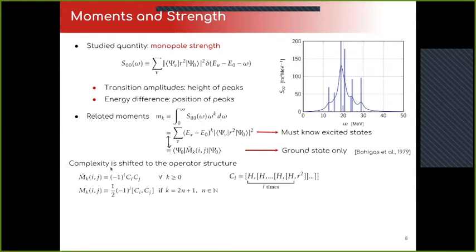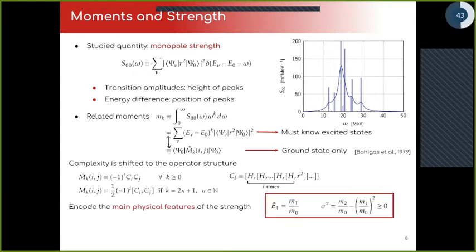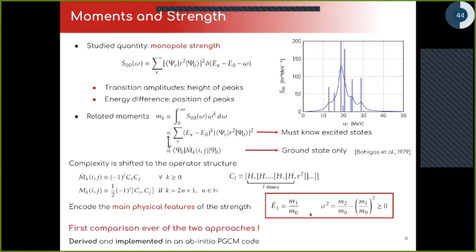They are written down in terms of nested commutators, which are not trivial at all to compute, especially from a computational point of view. But moments in general encode the main physical features of the strength, such as the centroid of the distribution and the variance of the distribution itself, just to cite a few of them.